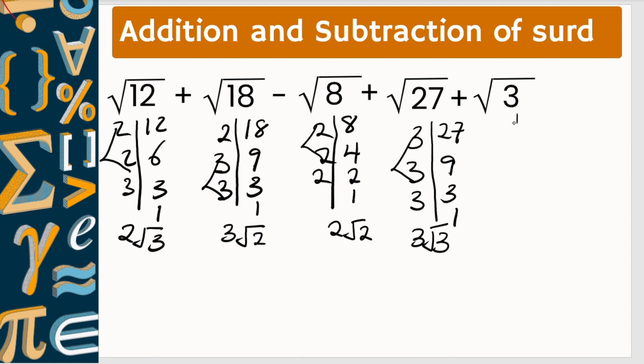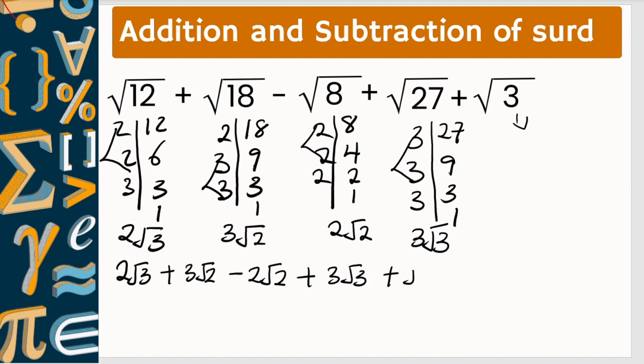Then the last one we have here is root 3. There's no need to simplify because it is already in its simplest form. So therefore, I'm going to write this to be 2 root 3 plus 3 root 2 minus 2 root 2 plus 3 root 3 and then plus root 3.